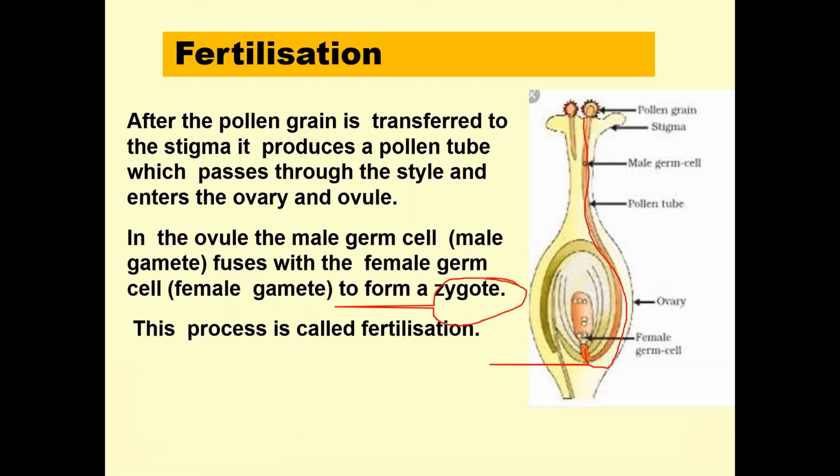Zygote is a diploid single cell structure. And this process of fusion, we have already discussed, is known as fertilization. After fertilization, the zygote starts dividing into an embryo. The whole ovule changes into a seed, and the ovary changes into a fruit.